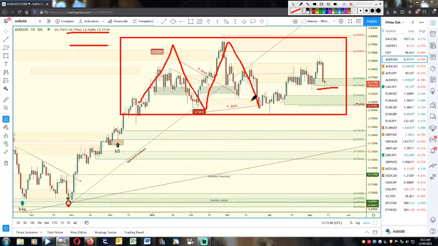But I'm telling you right now, that's a very flawed system. Because if you understood the nature of ranging and what is happening, you would know that it's very dangerous to do that, because ranging can break out at any point, and when it does, it's going to break out with significant momentum. And that's why many traders get caught.